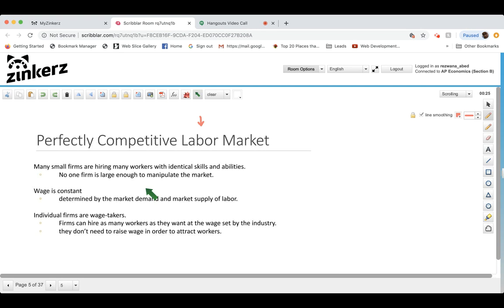As you can imagine, this is probably not related to highly skilled workers. So we're not talking about surgeons. We're not talking about dentists or doctors. This basically refers to low skilled workers, where you don't really need to have a lot of skills and abilities to do the work.